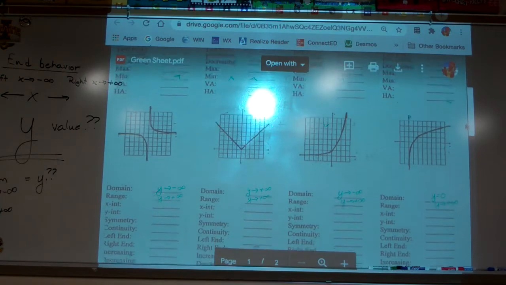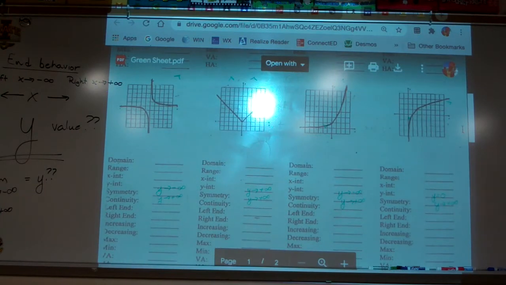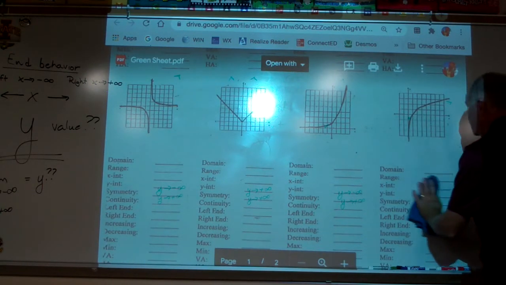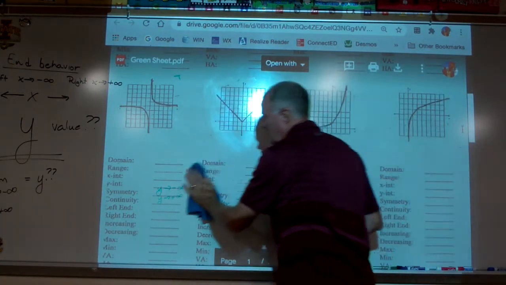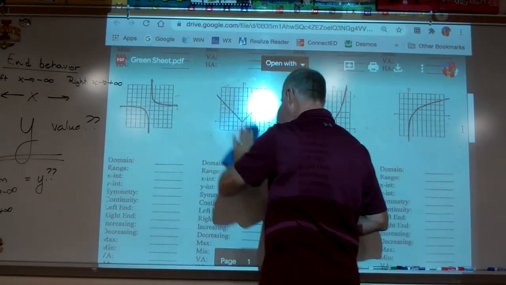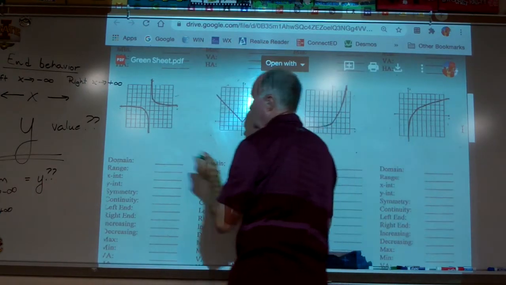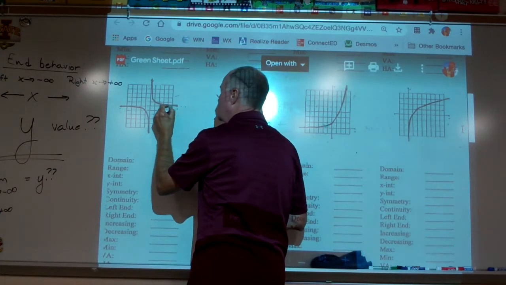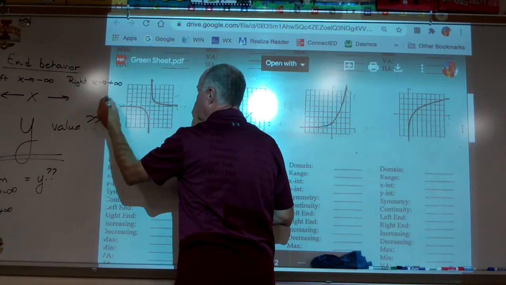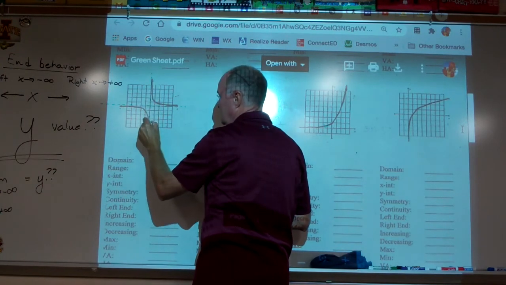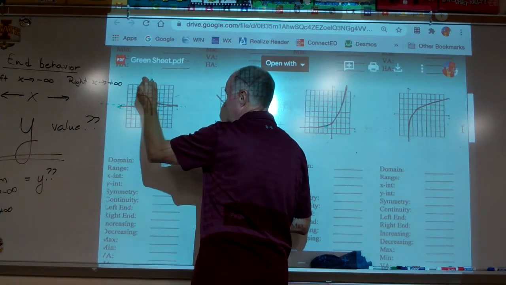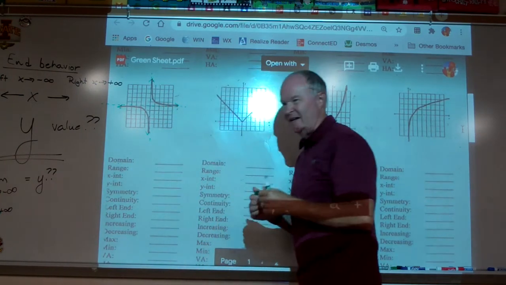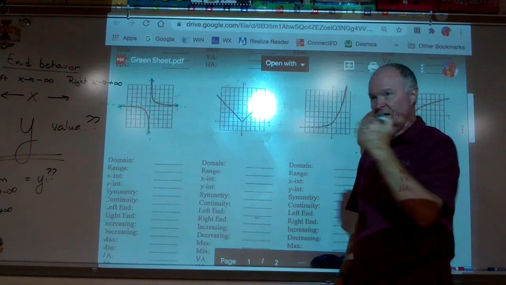Last two. And as always, our 1 over x is probably going to give us some issues. And it will. Don't forget, you've got that x-axis wall and the y-axis wall. You got to get on the curve so that you can get to the left.